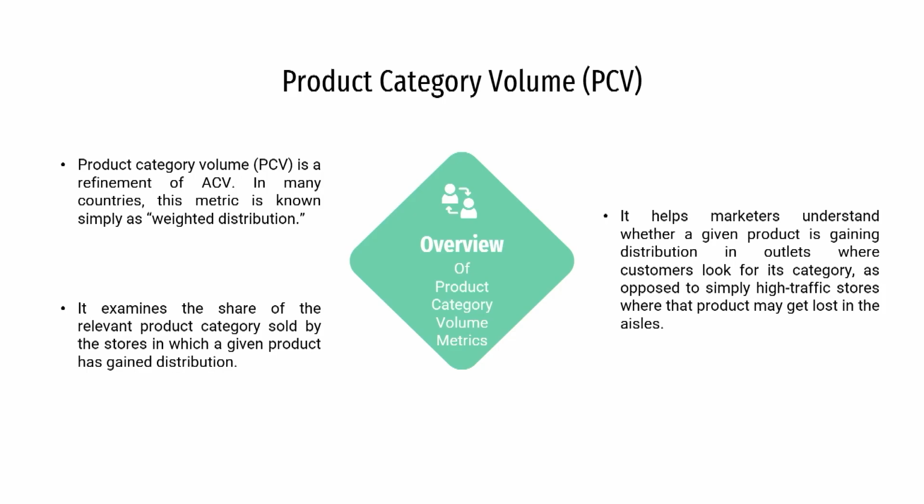It examines the share of the relevant product category sold by the stores in which a given product has gained distribution. It helps marketers understand whether a given product is gaining distribution in outlets where customers look for its product category, as opposed to simply high traffic stores where the product may get lost in the aisles.